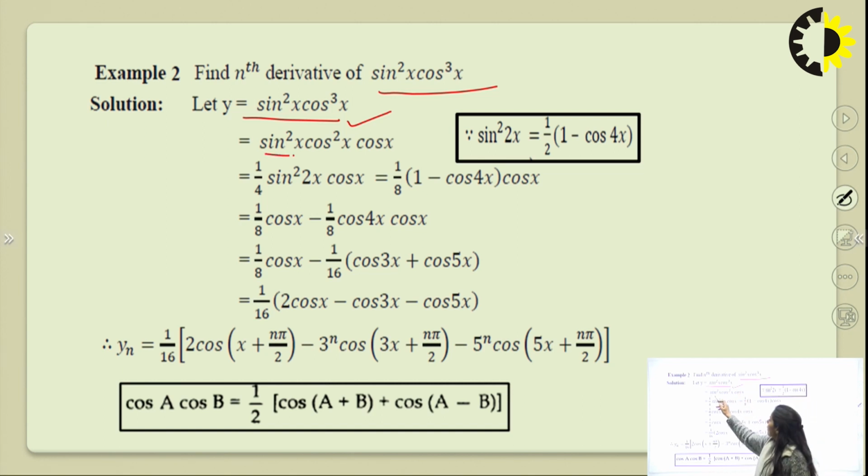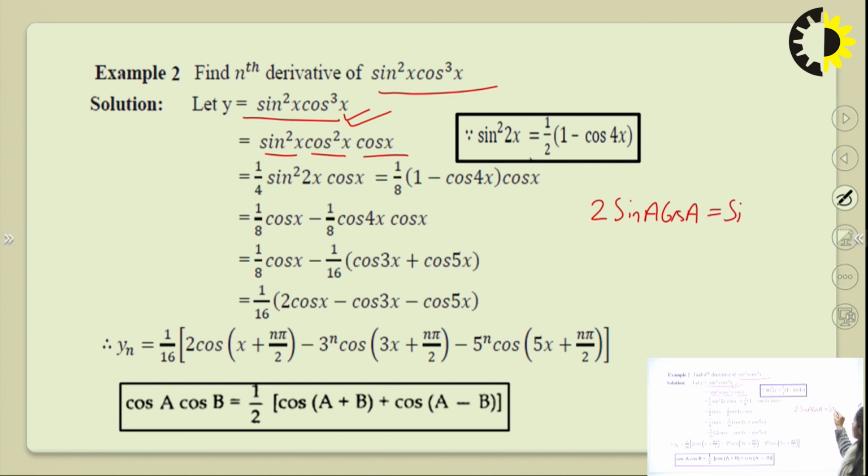So in sin square x cos cube x, we can write cos cube x as cos square x into cos x, and we know that 2 sin a cos a is equal to sin 2a, right? Now firstly we will multiply by 4 and divide by 4.